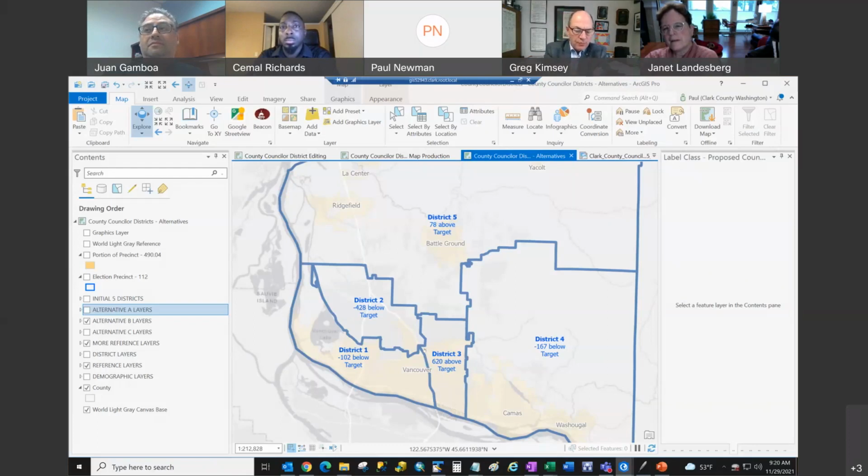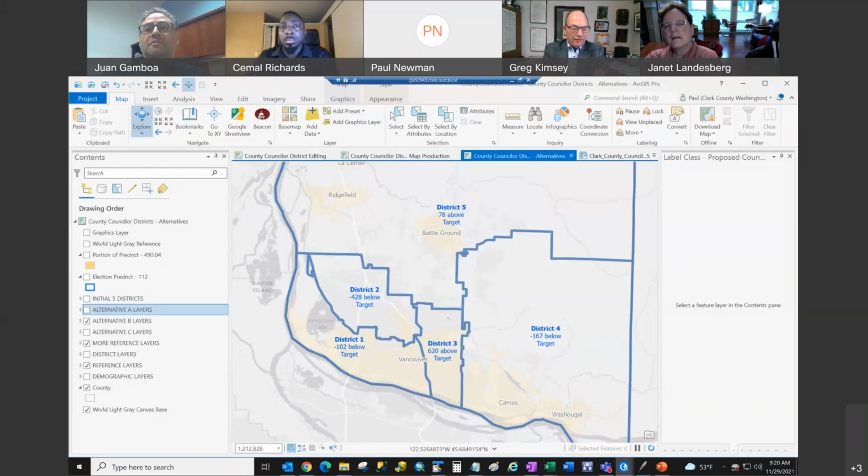I understand the challenge. And I really appreciate this committee's willingness so far to respect existing precinct boundaries.